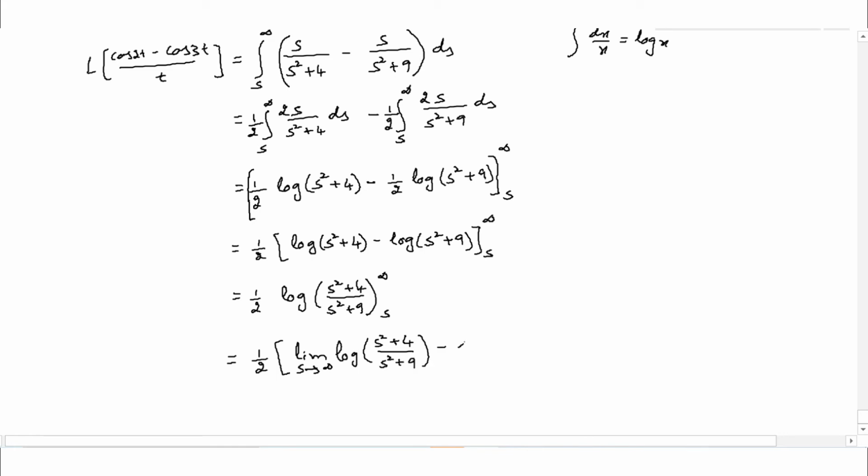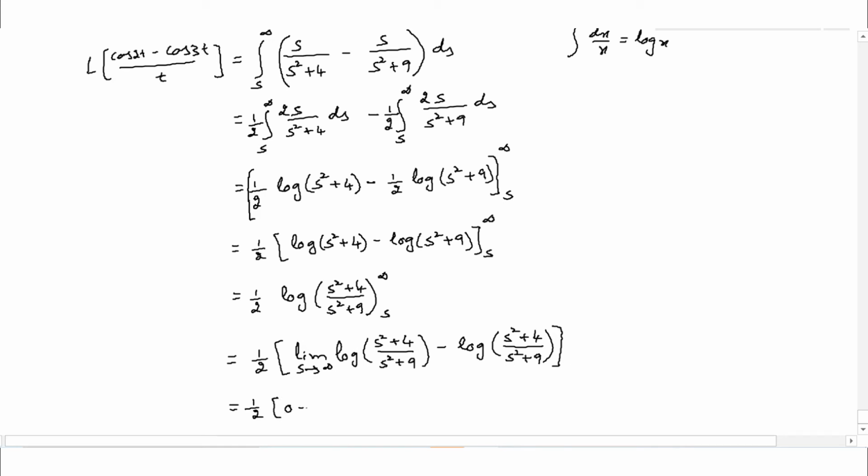We will be getting the same expression log of s square plus 4 divided by s square plus 9. As I told you in the previous problem that limit as s tends to infinity, when you have the same powers of s both in the numerator as well as in the denominator, it will tend to 0. So the entire limit value will become 0.